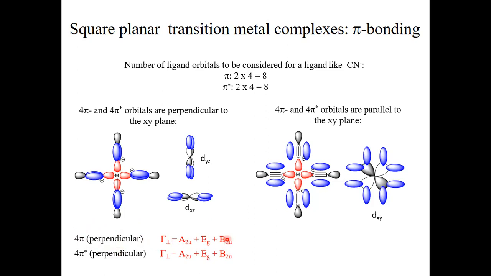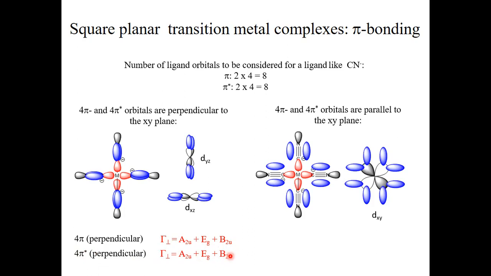That means of the 4 bonding perpendicular pi orbitals, 1 has A2u symmetry, 2 have Eg symmetry, and the last one has B2u symmetry. And the symmetry types for the pi star orbitals being the same, 1 has A2u symmetry, 2 of them have Eg symmetry, and the last one has B2u symmetry.